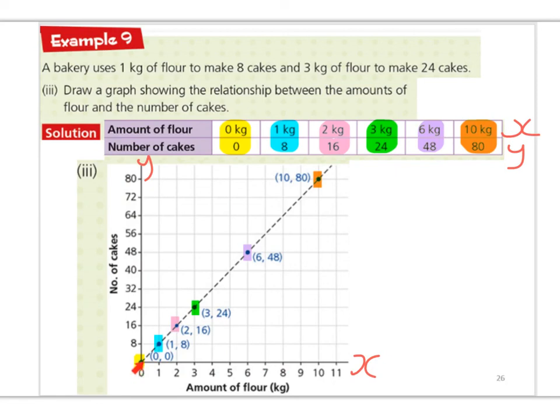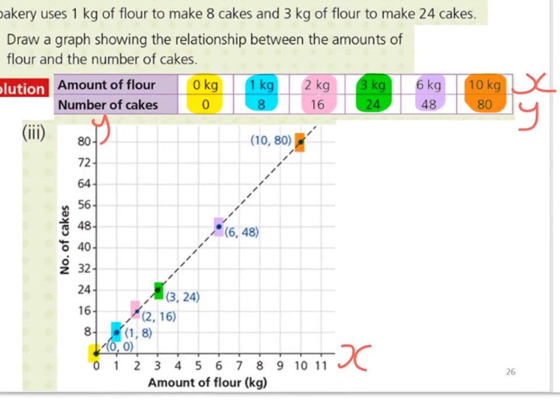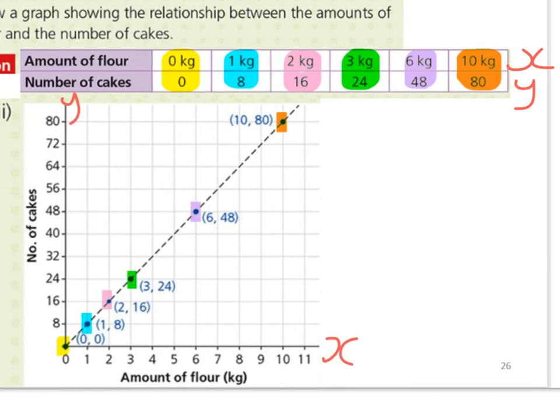So there's 0, 0 at the origin. Then 1, 8 is going to be our second point. So there's 1, 8. It matches up with 1 on the x-axis, 8 on the y-axis. Then 2, 16. There's 2, 16. Matches up with 2 on the x-axis, 16 on the y-axis.